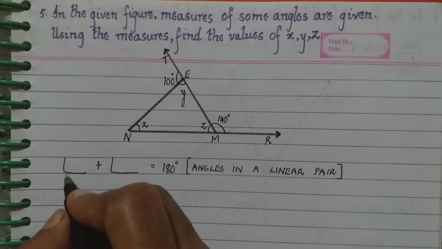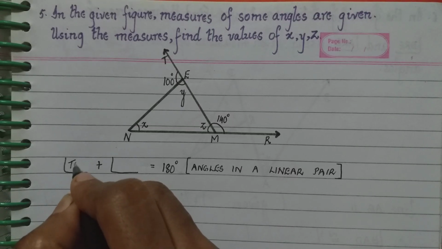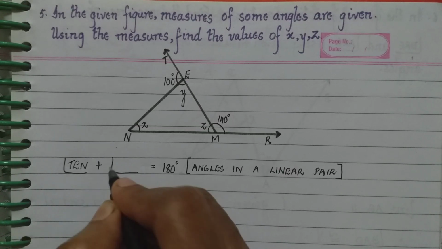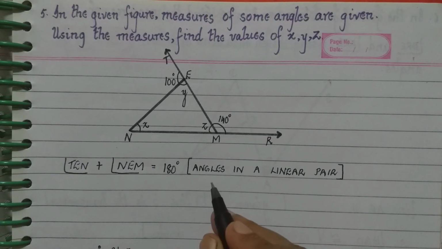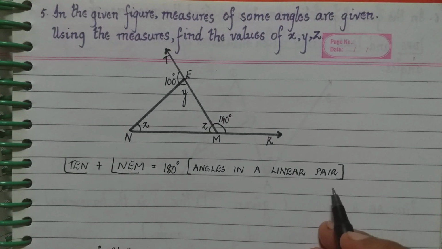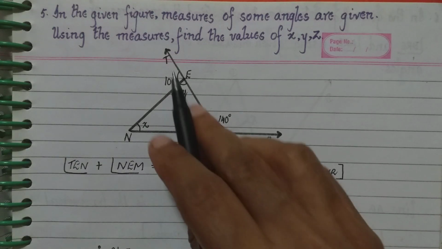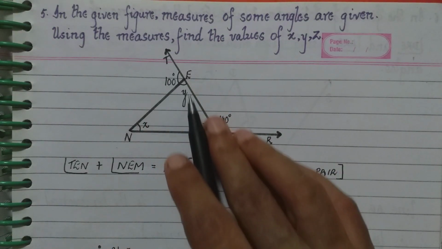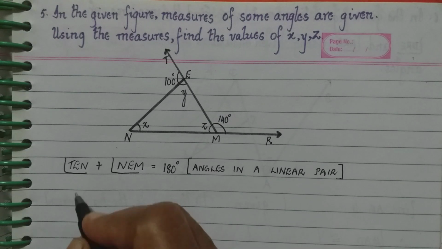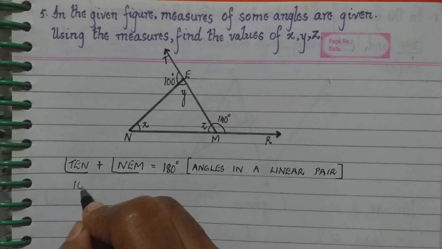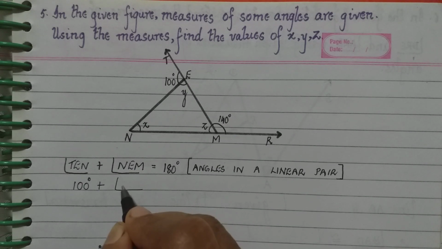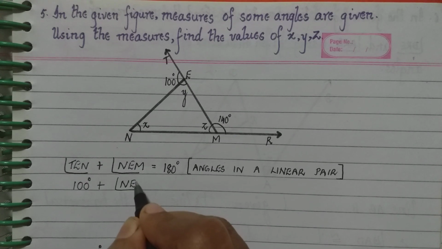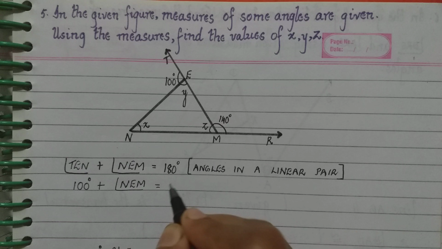So I can write here angle TEN plus angle NEM is equal to 180 degrees because they are angles in a linear pair. But what is the measure of angle TEN given here? 100 degrees. So we write here 100 degree plus angle NEM is equal to 180 degree.